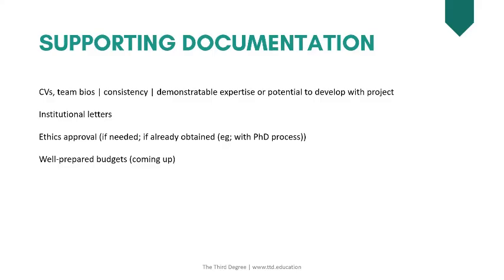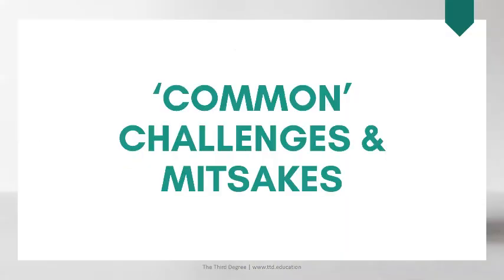You're going to want to have institutional letters of support. So this might be something from your supervisor. This may be something from your head of department or dean. That's going to be in there as well. You're going to want to have ethics approval. So if, for example, you're asking for funding to support your PhD journey, chances are you've already got university ethics approval. Put that in there because that strengthens your case. And you want to have the budgets, which we're coming up to.